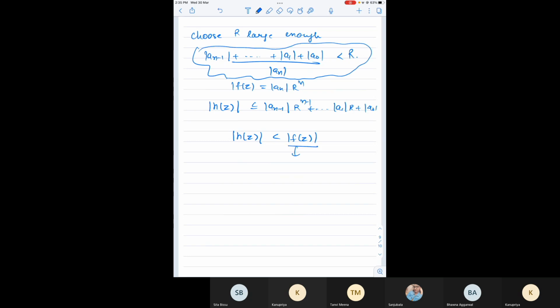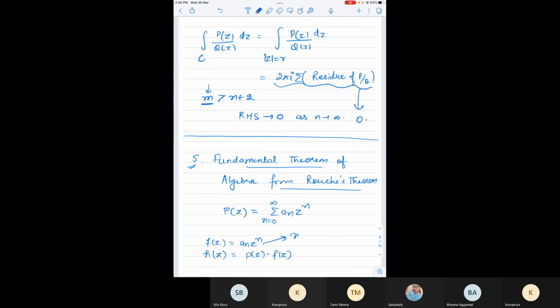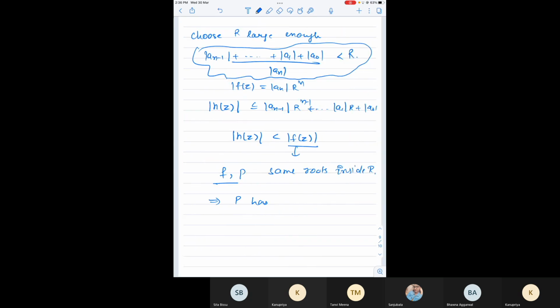So from there, we can say that f and p both have the same roots inside the ball of radius R. We can choose this R large enough, which will imply that using Rouché's theorem, P has n roots, since f has n roots.